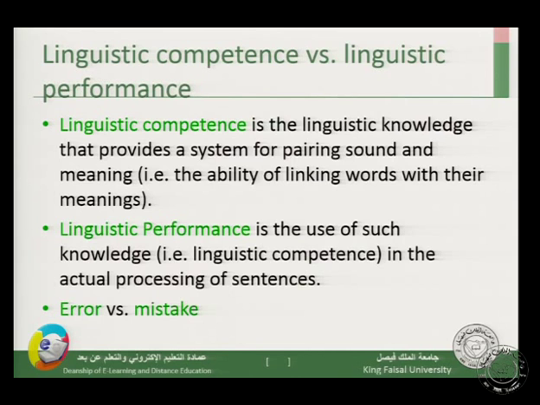The last pair we have for today's lecture is linguistic competence versus linguistic performance. Here we have two terms, linguistic competence and linguistic performance. Let's start with the first one, linguistic competence. Linguistic competence can be defined as the linguistic knowledge that provides a system for pairing sound and meaning.